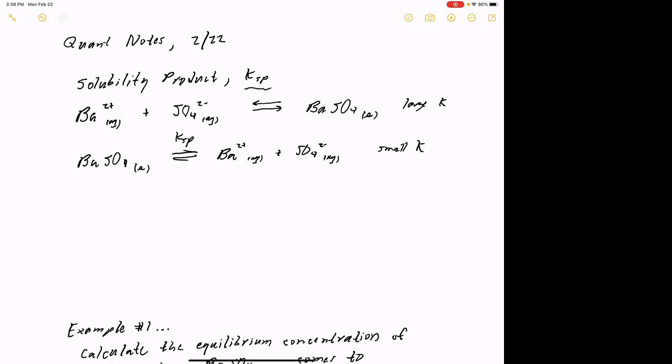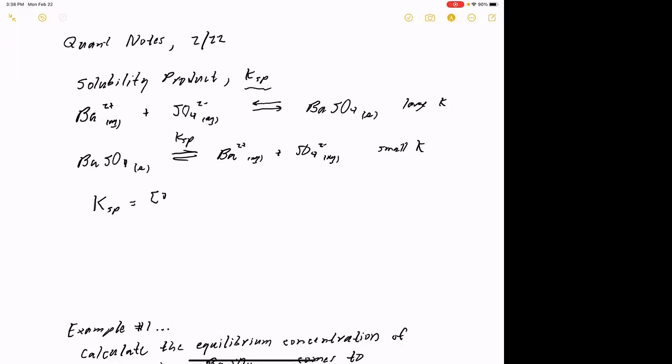All right. So now, could we use the law of mass action to actually write out an equilibrium expression for this? In other words, KSP in terms of the concentrations of the species in the balanced chemical reaction equation? Sure. Remember how it works. The equilibrium constant, KSP, is equal to the product concentrations at equilibrium divided by the reactant concentrations at equilibrium, all raised to their corresponding stoichiometric powers.